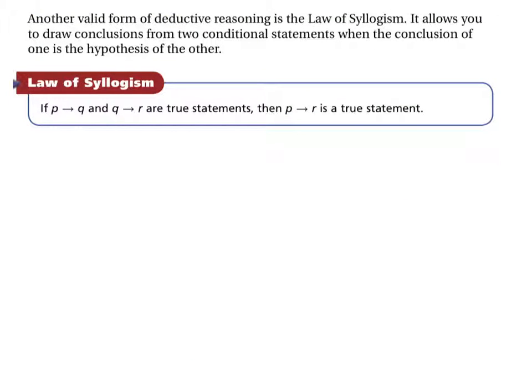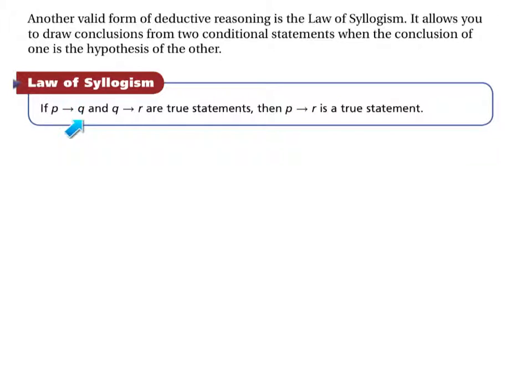Another valid form of deductive reasoning is called the law of syllogism. It allows you to draw conclusions from 2 conditional statements when the conclusion of one is the hypothesis of another. So the law of syllogism states this: if P then Q, and if Q then R are true statements, then if P then R is a true statement.